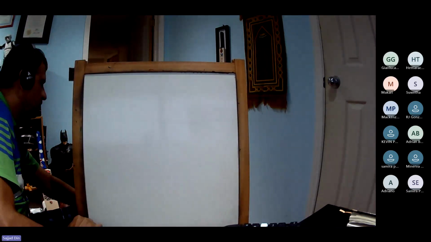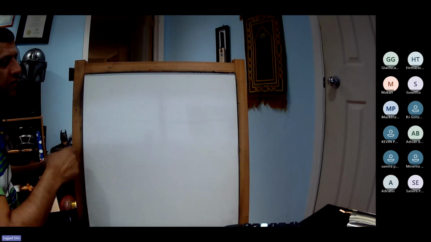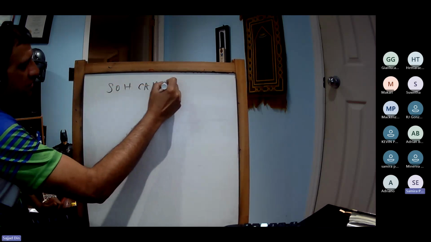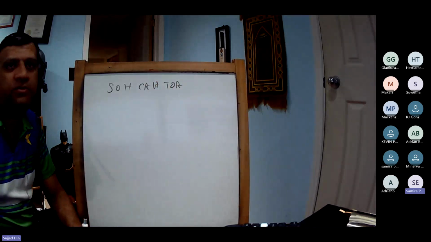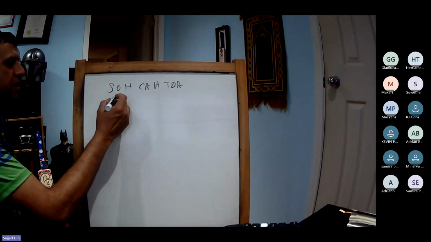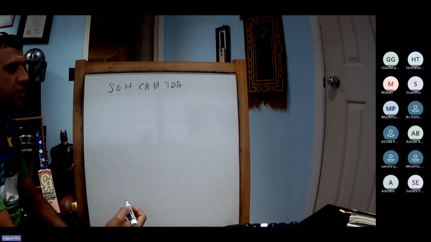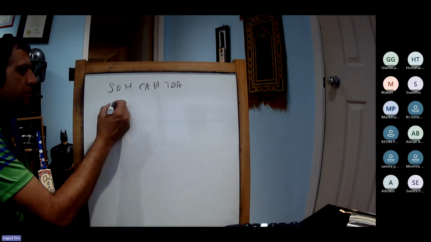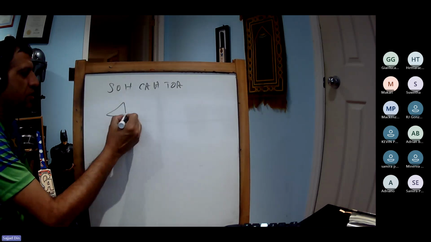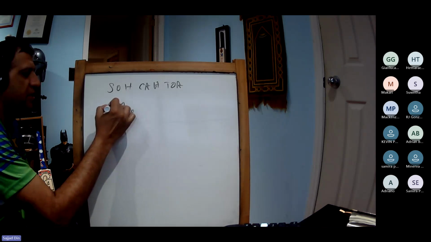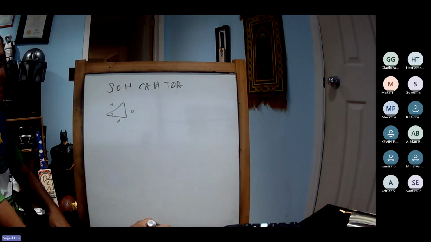On the formula sheet, here's what I would recommend that you have. Good question. Make sure you have a complete understanding of SOHCAHTOA. What does each mean? For this angle, this is opposite, this is adjacent, and this is hypotenuse, no matter which angle it is.